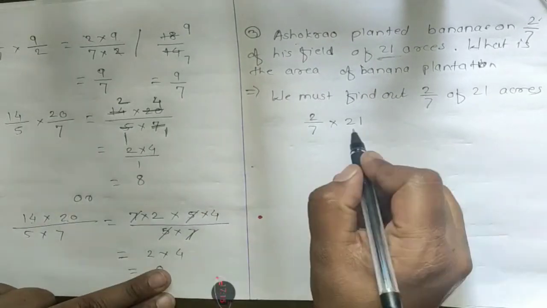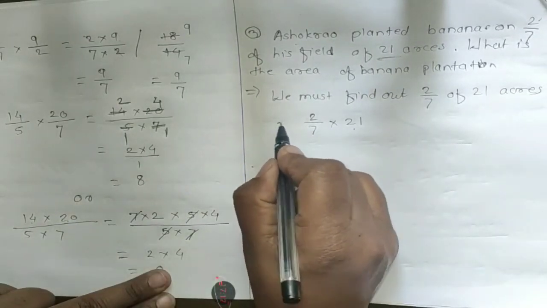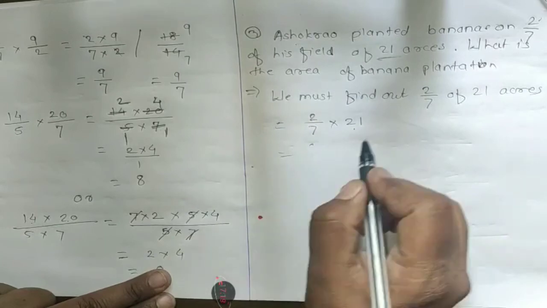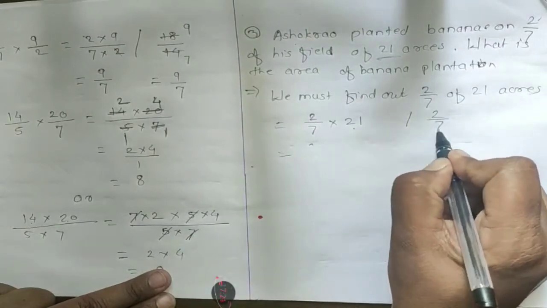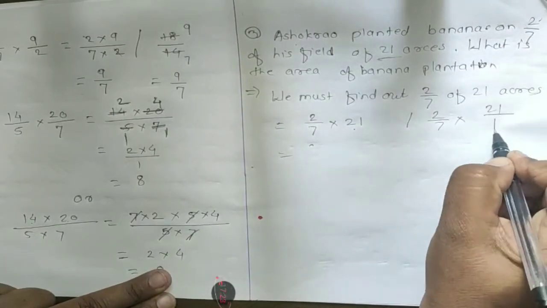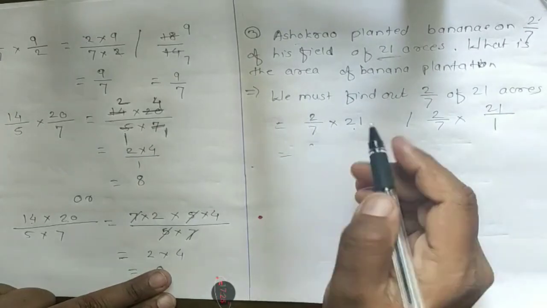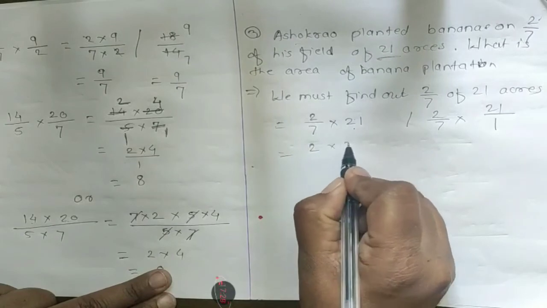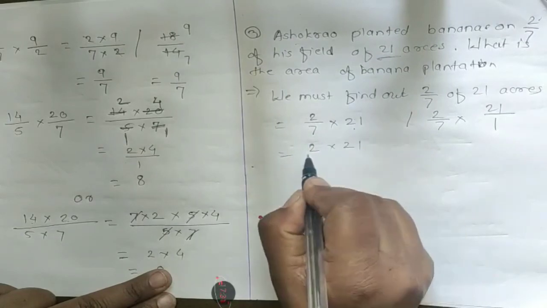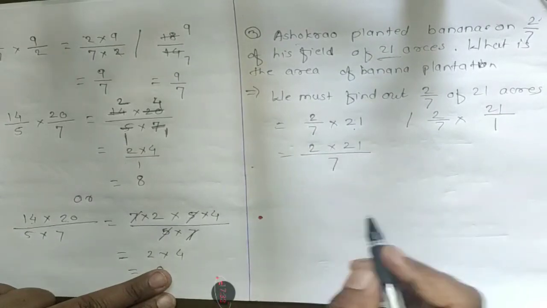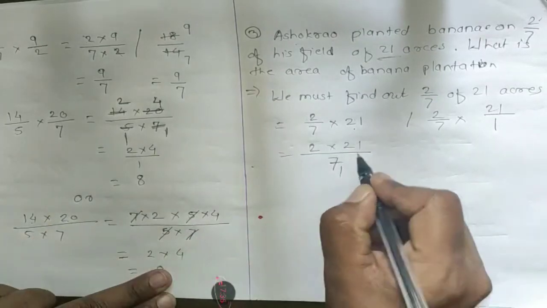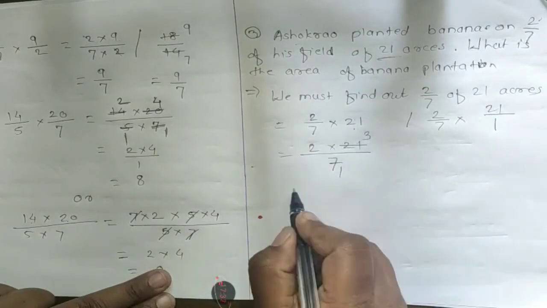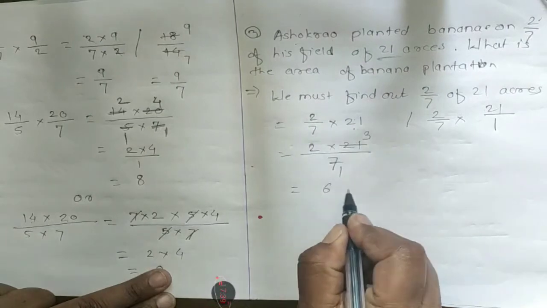If you write 21 as it is, then also okay. Otherwise we can write 2/7 into 21/1. You can use this method. Numerator with numerator, denominator with denominator. Otherwise 2 into 21 divided by 7. So here you can do it this way: 7 1s are 7, 7 3s are 21, and here 2 3s are 6 acres.